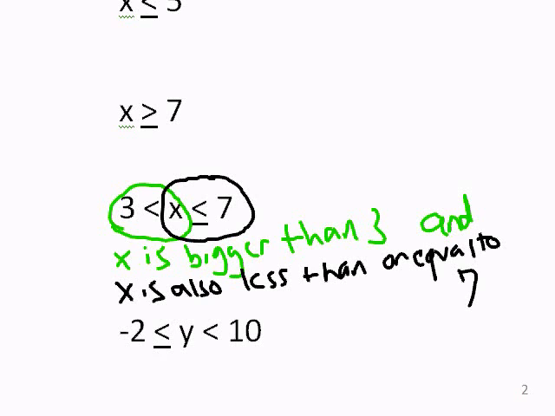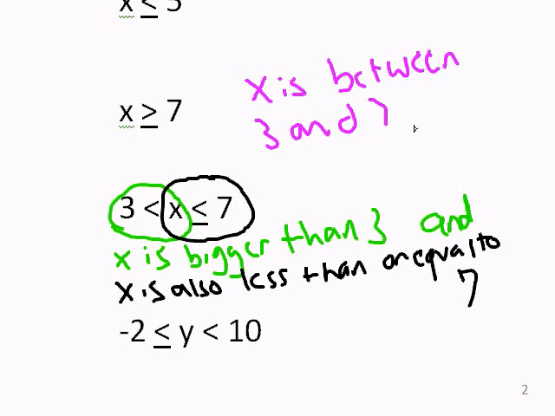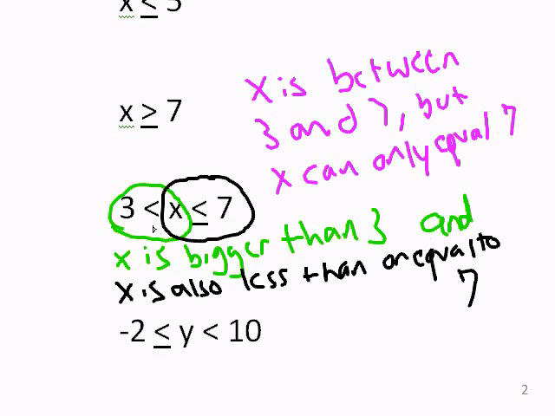Basically, this means that x is between 3 and 7, but x can only equal 7. In other words, x can be equal to 7, but it can't be equal to 3 because 3 did not have the symbol underneath the inequality symbol right there.